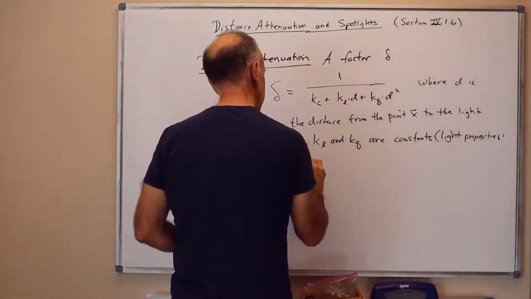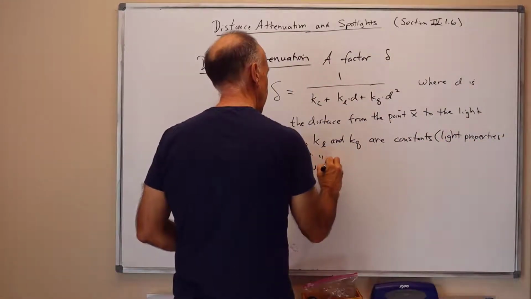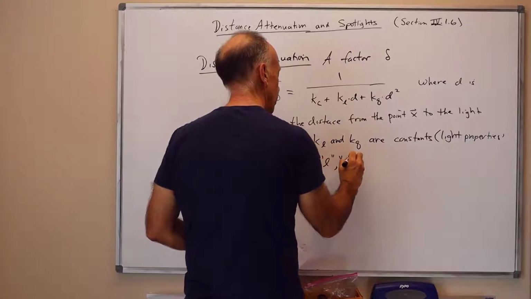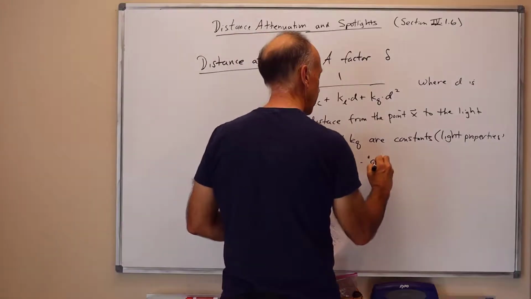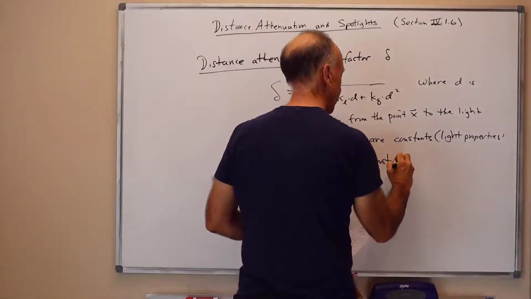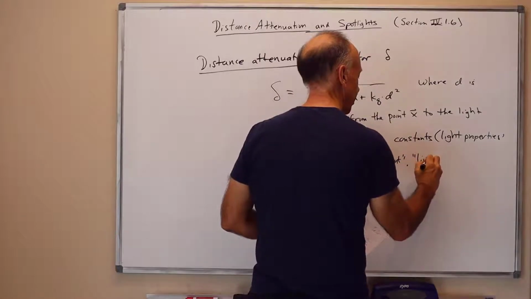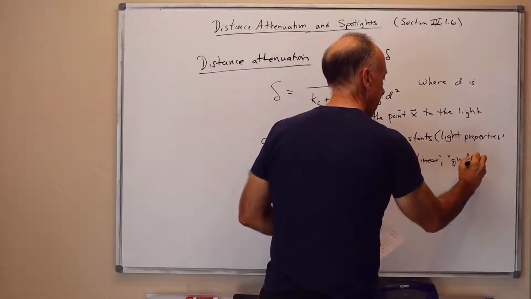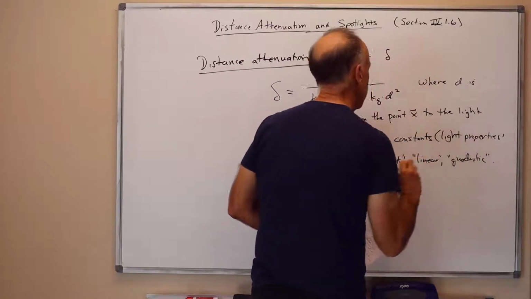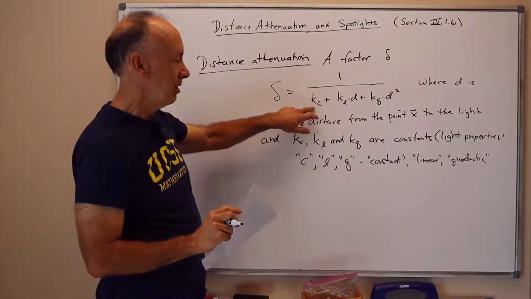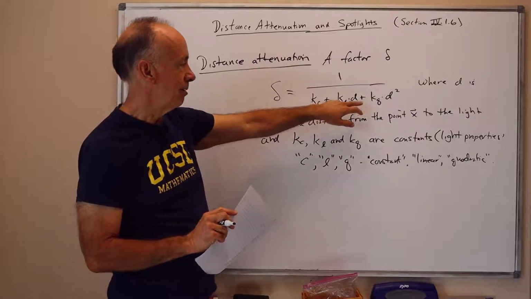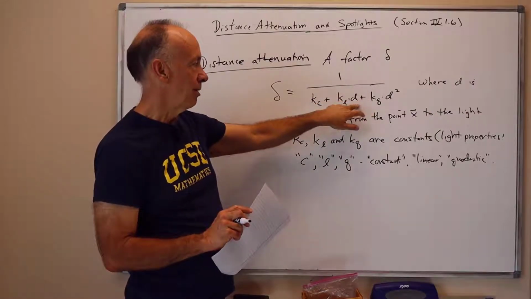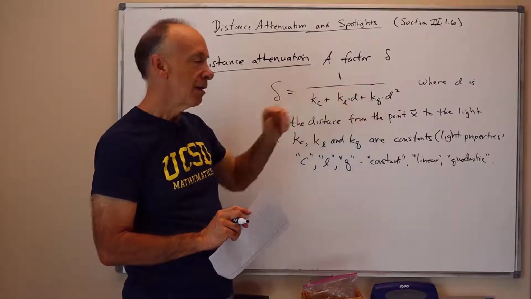So C, L, and Q stand for constant, linear, and quadratic, because they're the coefficients of the constant term, a linear term, and a quadratic term in a polynomial involving d.